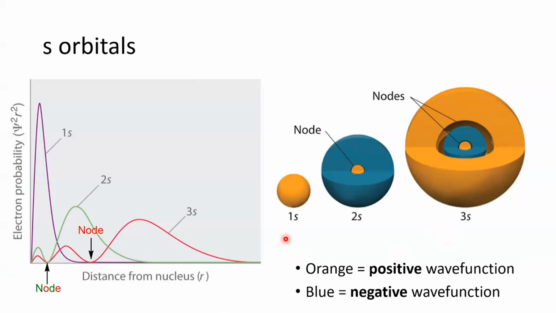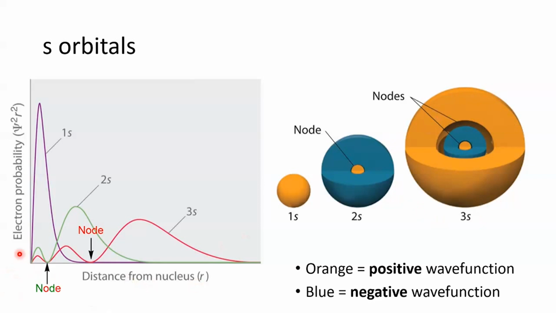So in terms of trends, starting from the 1s and moving upwards, we see the 1s has no nodes, the 2s has one node, the 3s has two nodes, and that trend will continue as you move down the periodic table. So much like the 2s orbital, deep in the core, we've got a small region of positive wave function, then a node, then a region of negative wave function, then another node, and then finally we have an even larger region of positive wave function.